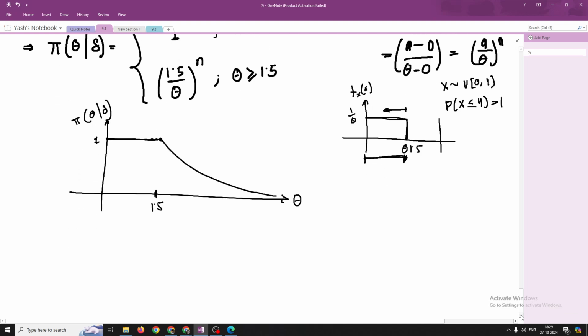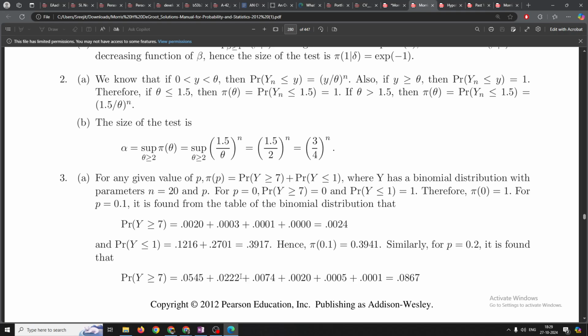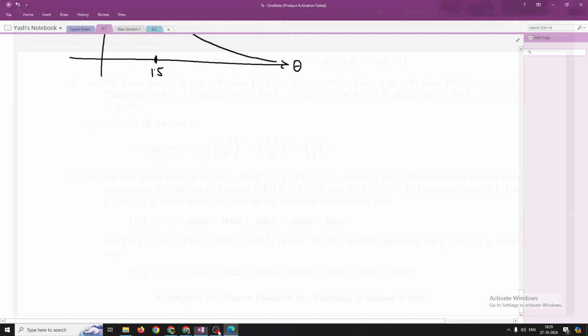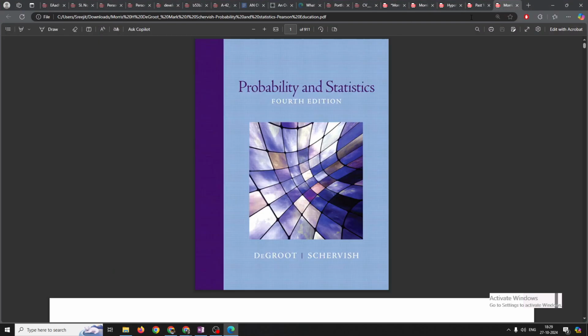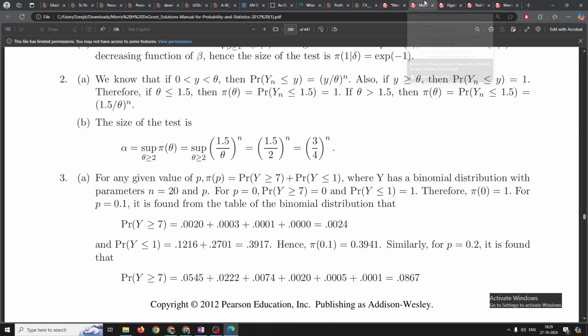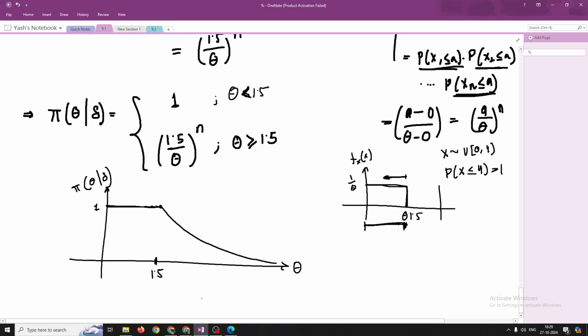Let's do one more. I want to do a good number of things. Oh, and we had another question. What is the size of the test? Right. So what is the size of the test? To get the size of the test, we need to calculate the maximum significance level.